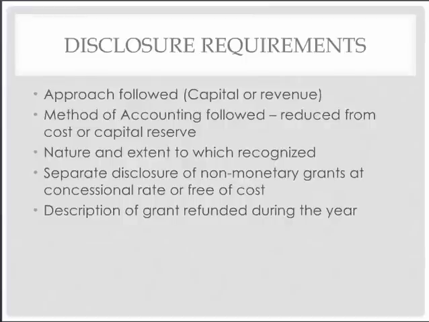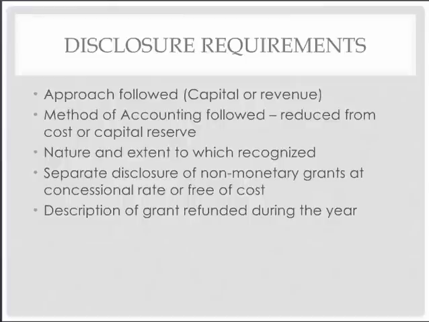That means whether you have reduced it from the fixed asset, or shown it as deferred credit, or shown it as capital reserve, or whether you have followed a revenue approach where you take it to the profit and loss account. Then you have to disclose the method of accounting followed within the capital approach or the revenue approach. That is, as we discussed, whether you have reduced it from cost or followed capital reserve.